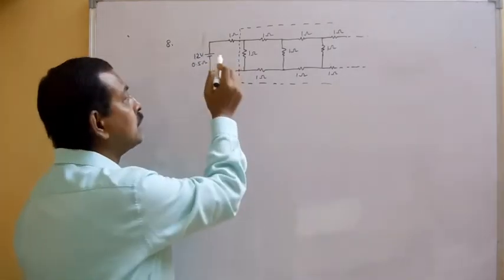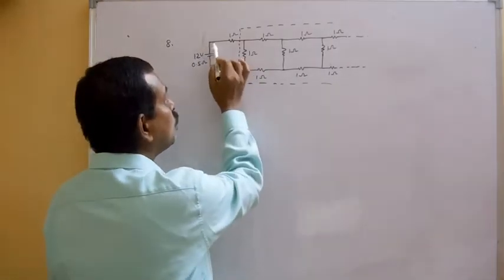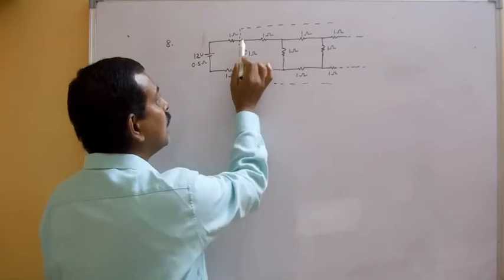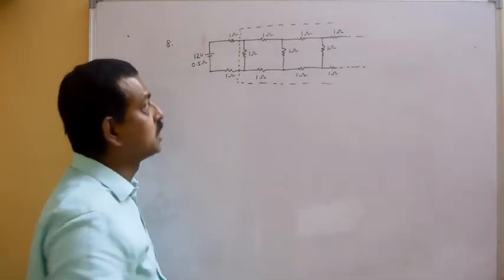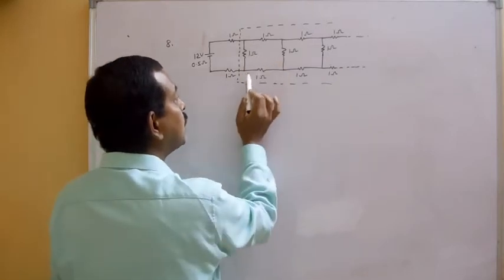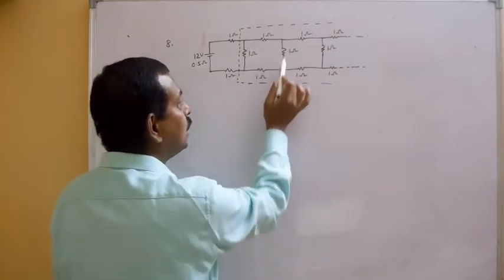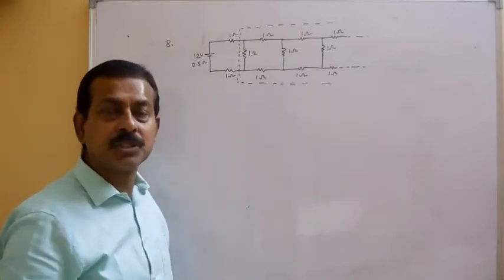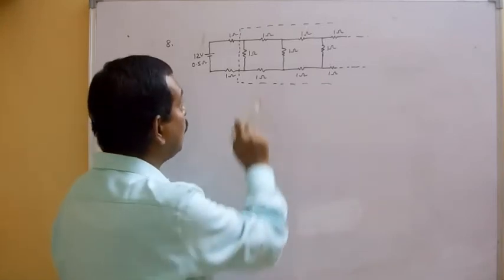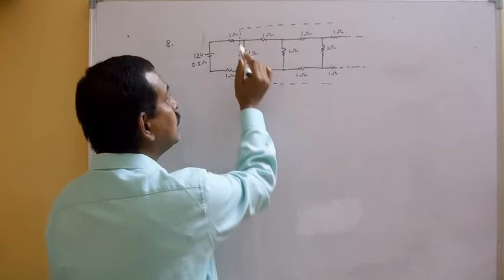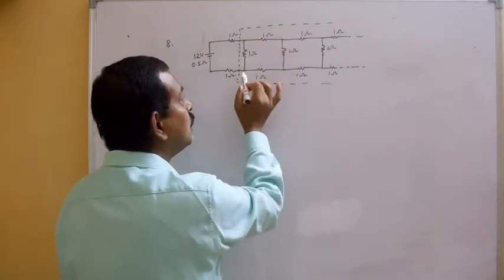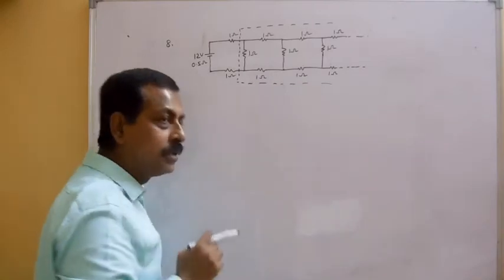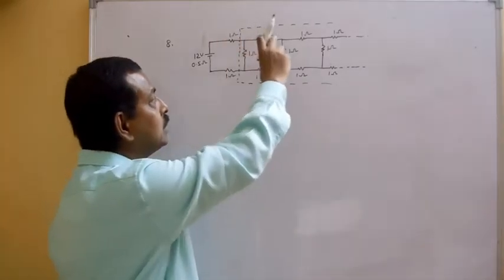You see that the original one had 1 ohm connected, and then 1 ohm connected across. Then again 1 ohm was connected in series, and then 1 ohm was connected across. But our given network has 1 ohm connected across, and then it has 1 ohm and another 1 ohm connected there.